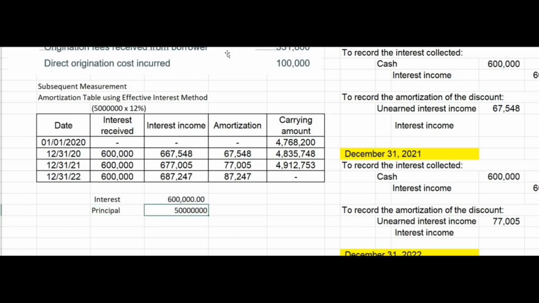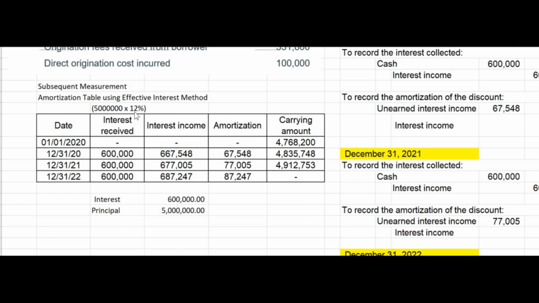So what we're going to do here is compute for the present value of these two cash flows using a certain rate. Ano kaya yung interest rate na yon? Looking at the figure here, that interest rate most probably must be greater than 12%.